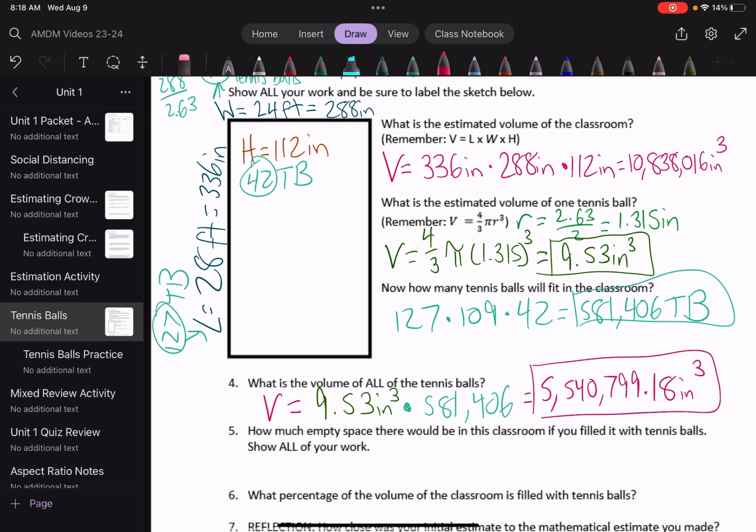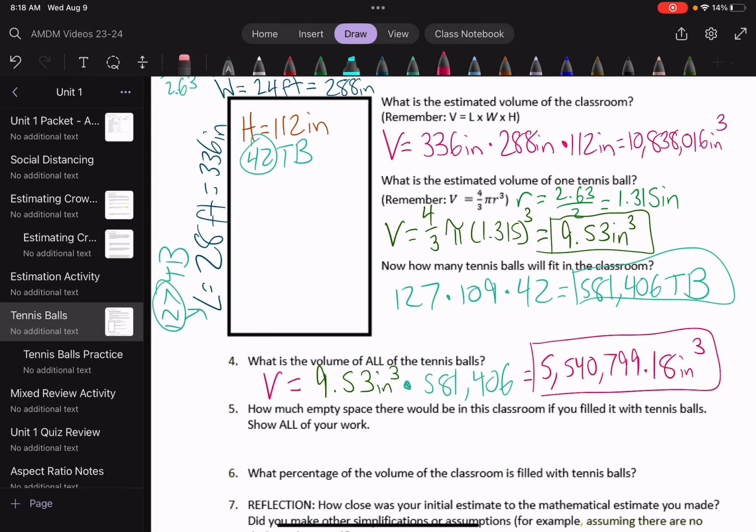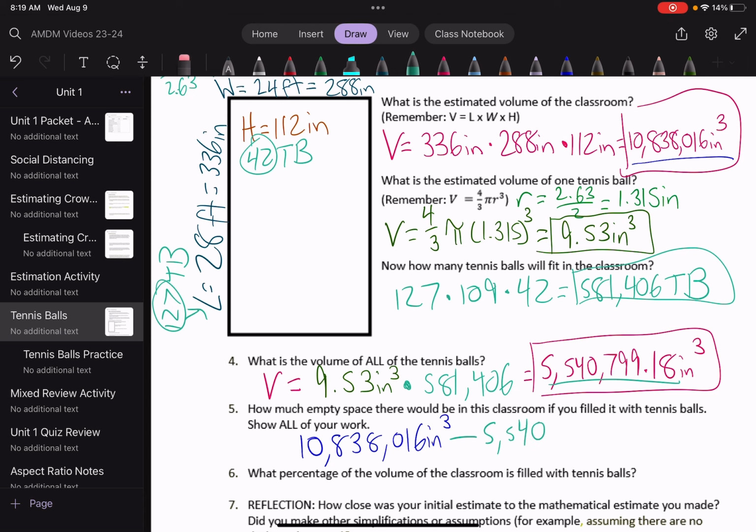Last question it's asking me is how much empty space is going to be in that classroom. Let's refer back. The original volume of the total classroom was 10,838,016 inches cubed. So I'm going to take that original number for my classroom, 10,838,016 inches cubed, and I'm going to subtract from it the volume of all of the tennis balls, which was 5,540,799.18 inches cubed.